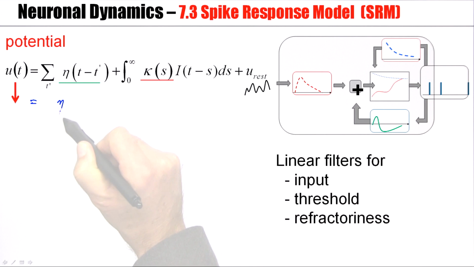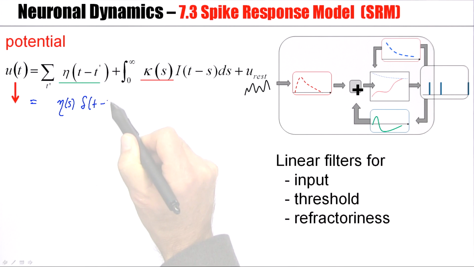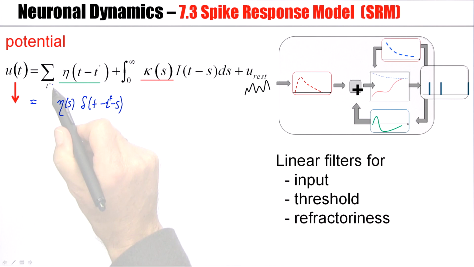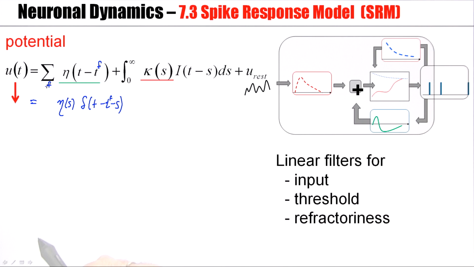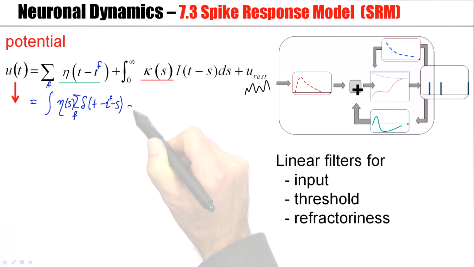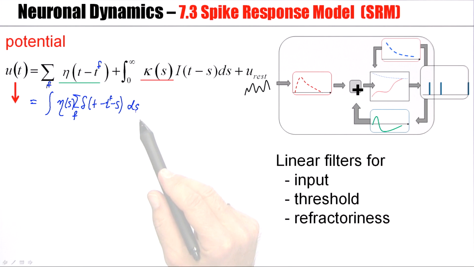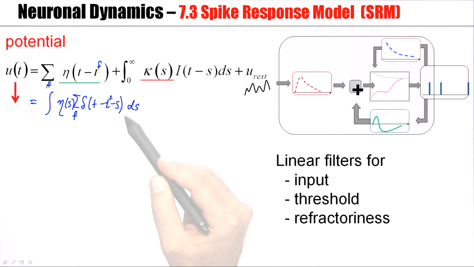I write it as eta of s, delta of t minus t^f minus s, where the t^f are the firing times, and the sum of all these different firing times, sum over f, integral ds. Now, I admit that after these manipulations, this expression looks much more complicated than it was before. Let's just check that it gives the right result.